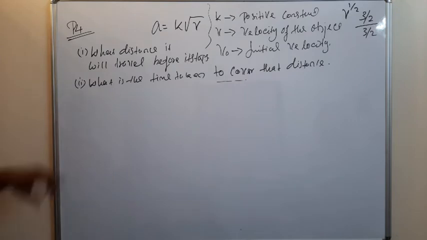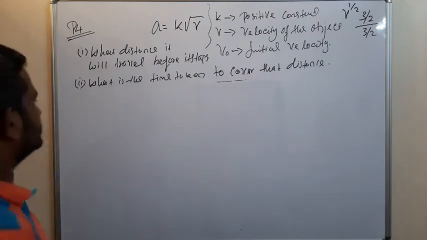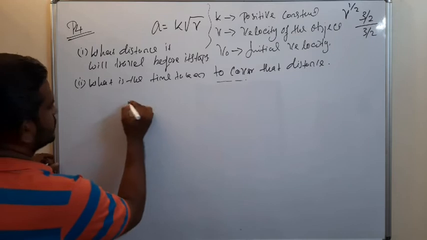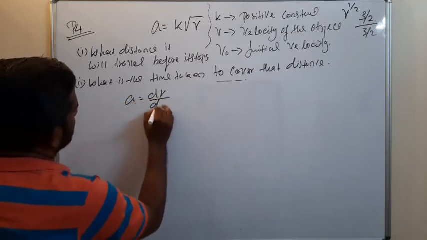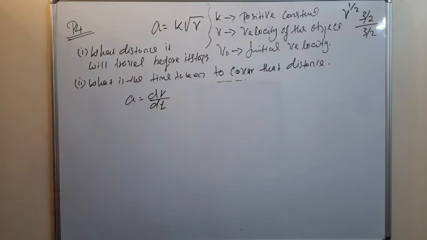The second part, what is the time taken to cover that distance? Here we will use the equation acceleration a is equal to dv by dt, because we have to find time.